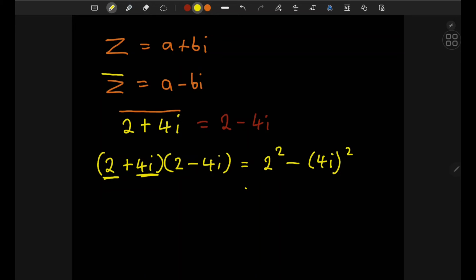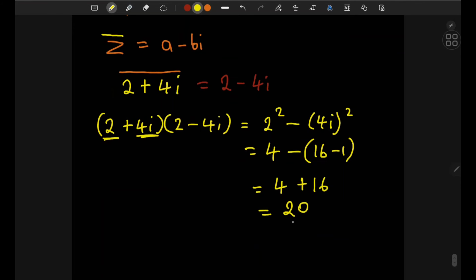So that would be 4 minus, then if we square 4, we'll have 16. If we square the i, we'll have a negative 1. So giving us a negative 16, so we'll have 4 plus 16, giving us 20.